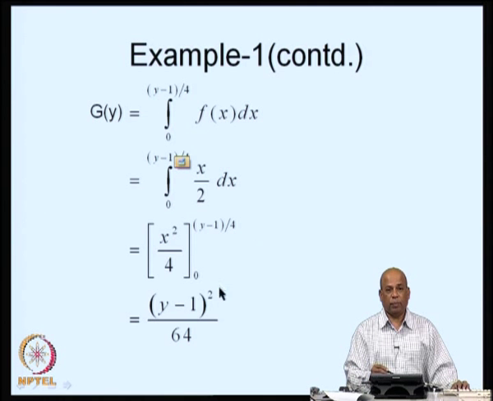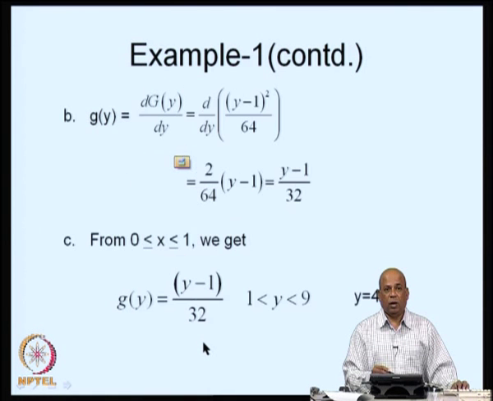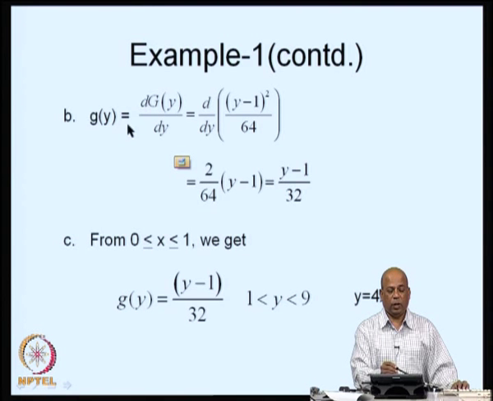We obtain capital G of y by this procedure as (y minus 1) the whole square divided by 64. Now, we differentiate this to obtain the small g of y, the marginal density of y. The marginal density of y is the derivative of the CDF with respect to y, and that we obtain as (y minus 1) divided by 32.